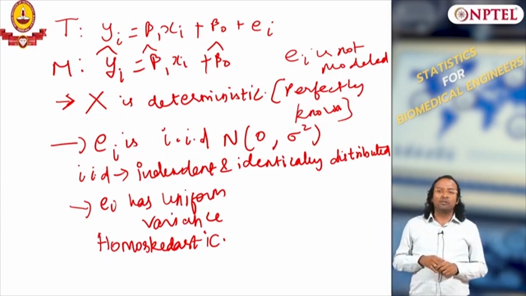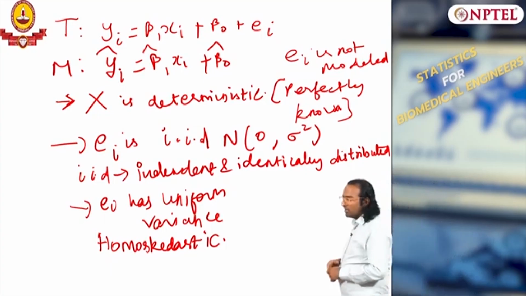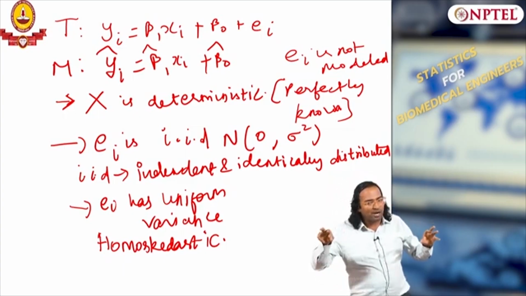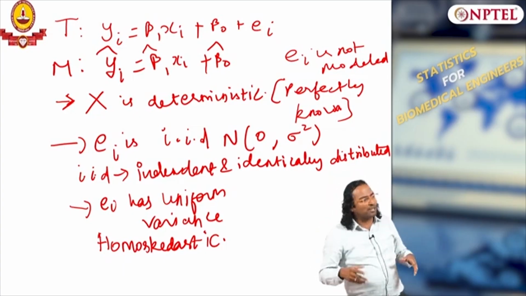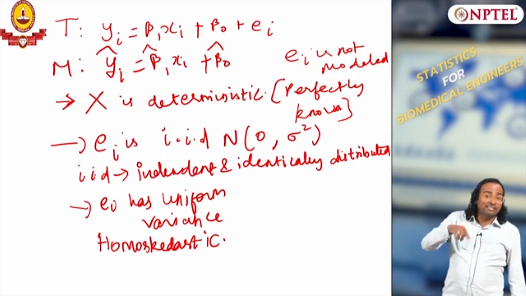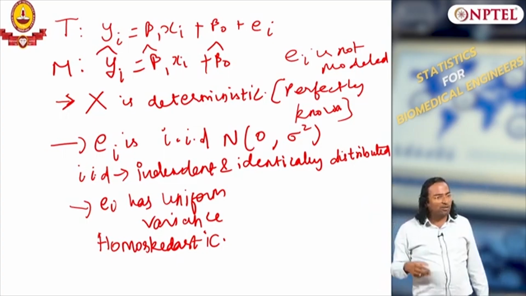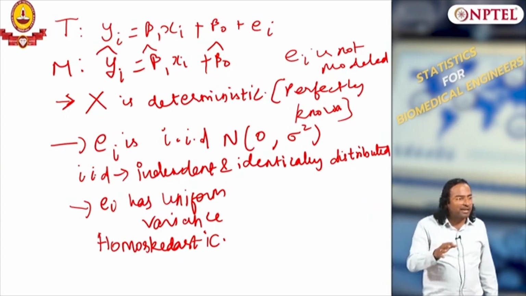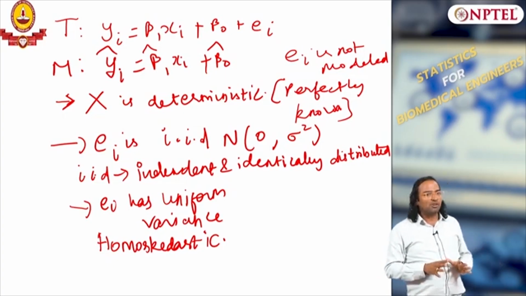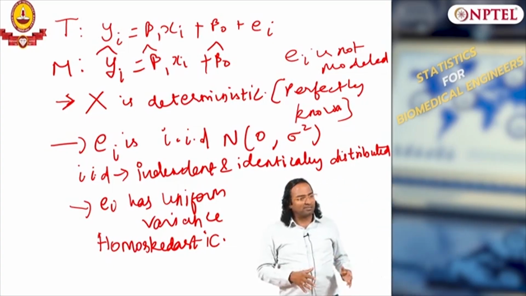You will see that there are filters like Kalman filters and other methods like ARMA processes, ARMAX models, where models are fit separately for noise as well. You assume that whatever is not explained by x is still modelable, then you have a different method. In this case what are you saying? Whatever cannot be explained by x is not modelable. You have to be very clear with the assumptions. Whatever cannot be explained by x is not modelable, then you go for linear regression.